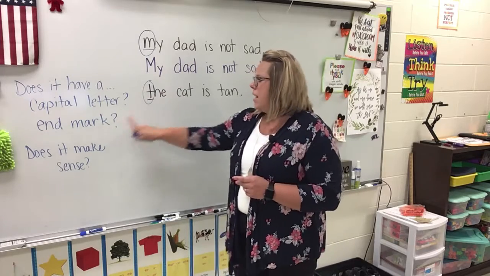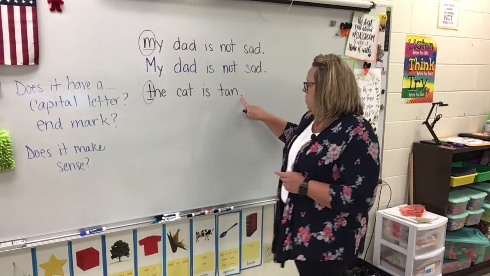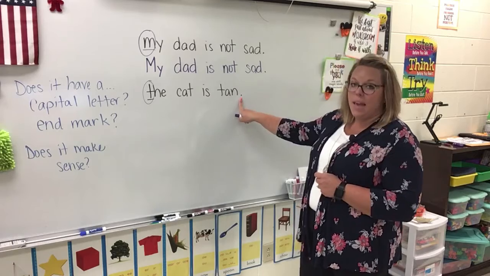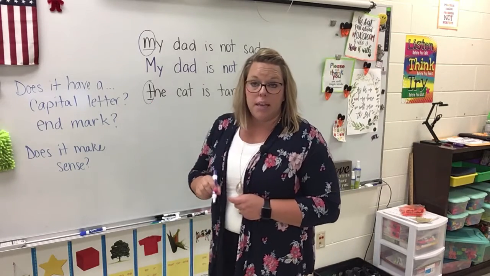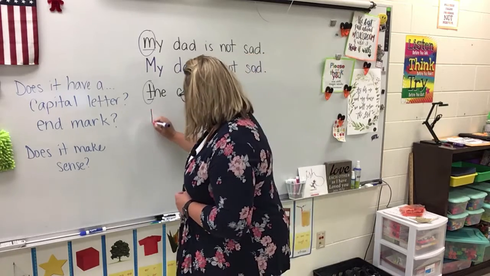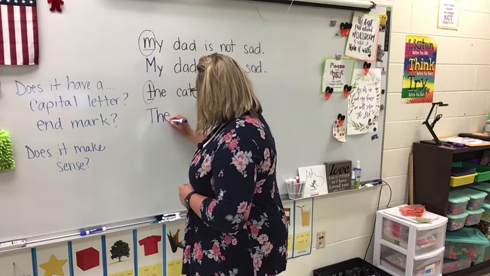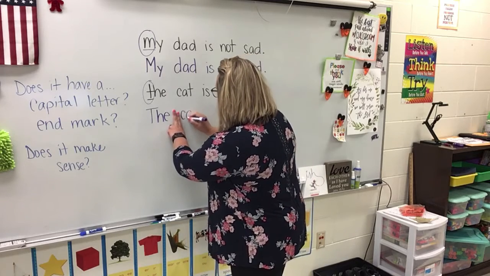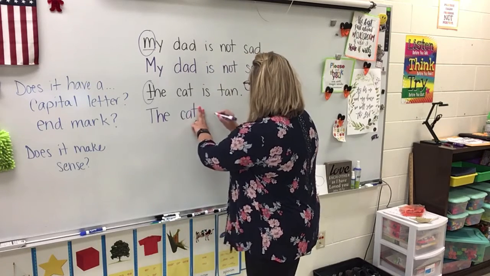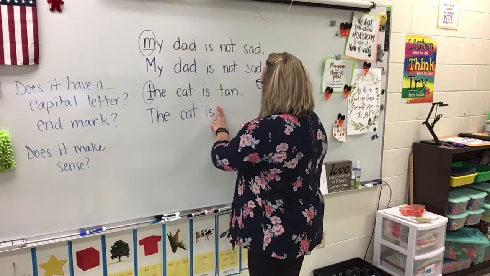Let's check if it has an end mark. The cat is tan. There's a period. Is that an end mark? Yes, it is. So my change needs to be that T. It needs to be capitalized. The needs to look like this. Put my space in between. Keeps my words separate.